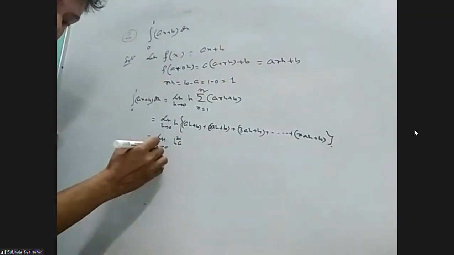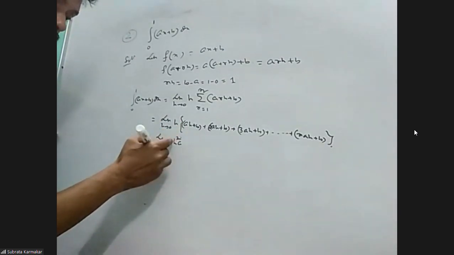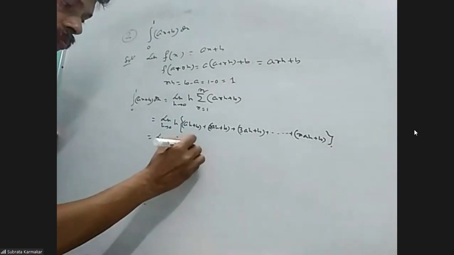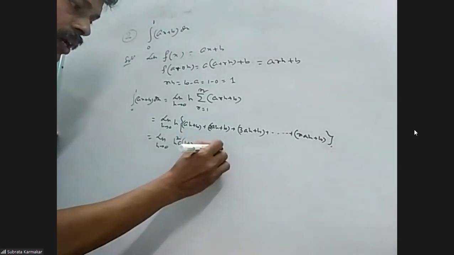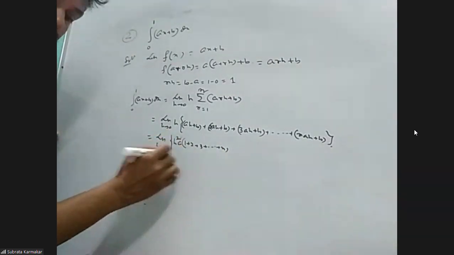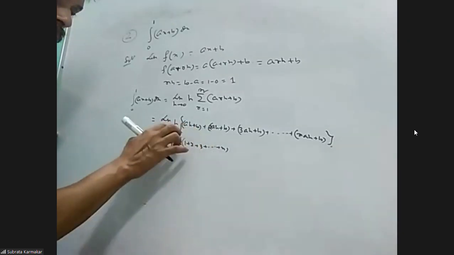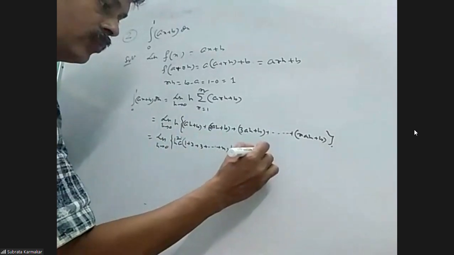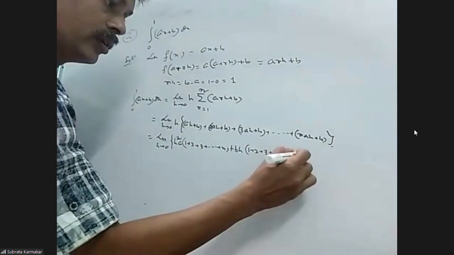So a h square, then within the bracket we get 1 plus 2 plus 3 up to n, one part. And in the second part we get bh, then next bh, like this. If you take bh common, within the bracket we get 1 plus 2 plus 3 up to n.